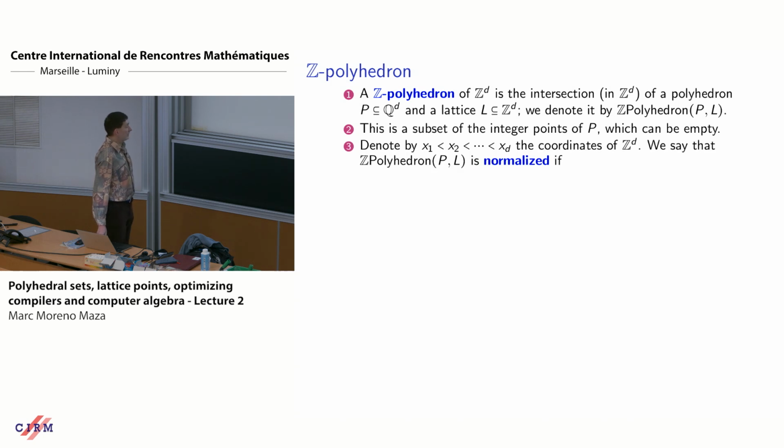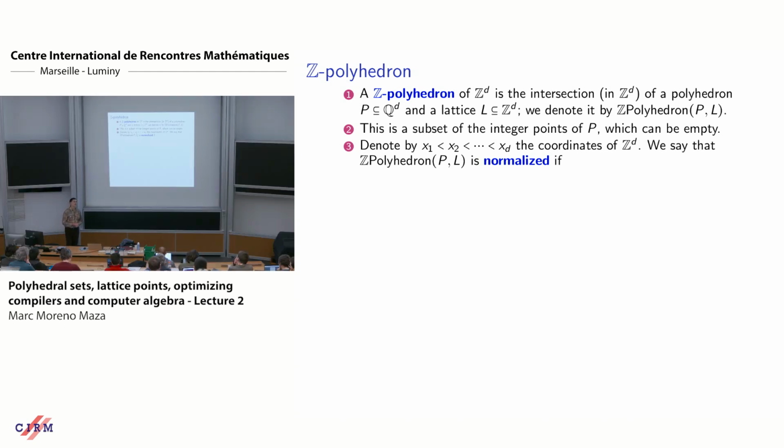And for that it's convenient to have a notion of normalized Z polyhedral set. So something for which we would know that the thing is not empty, and in fact so that we have actually additional properties that in some sense feels a little bit like a lexicographical Gröbner basis or a regular chain. That is something that describes in some ways the solutions or the points of that Z polyhedron.